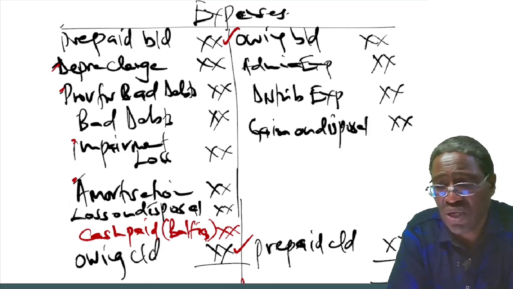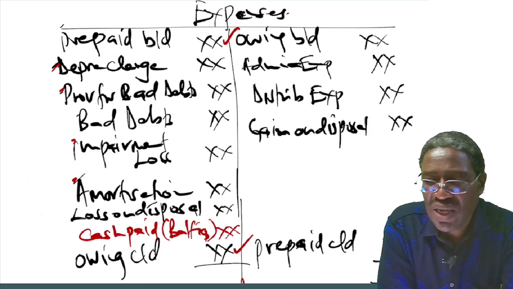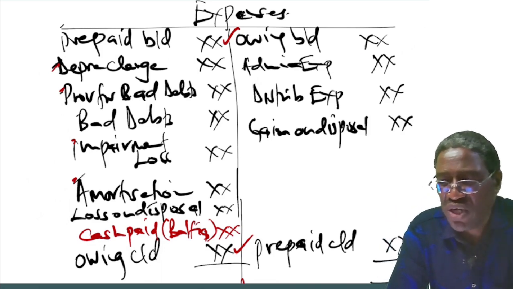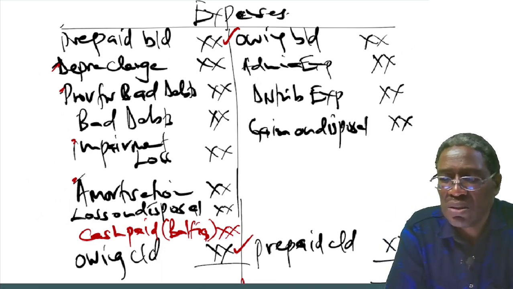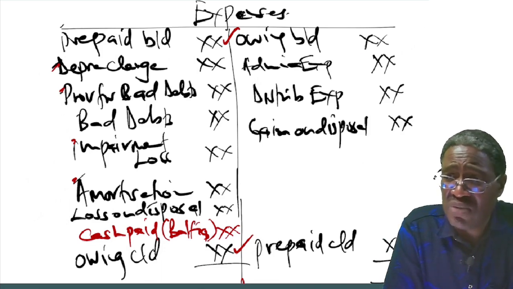Then we shall put down a note. You bring down the balances at the beginning, either as a prepaid expense or an accrued expense. Then on the credit side, you pick the charge for the year for expenses, as admin and distribution.